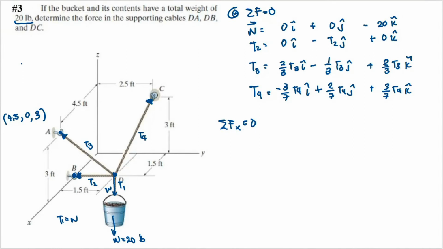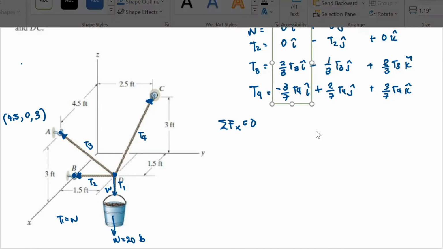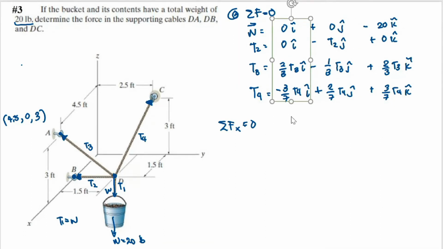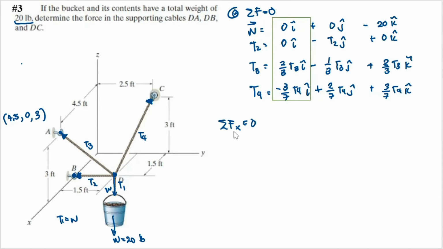Now, para malaman nyo kung anong yung X dyan, lahat ng i na yan ay delta X. Lahat naman ng j, delta Y, lahat ng k, delta Z. So, ang kukunin ko muna is yung delta X. Hindi ko na kailangan ilagay yung 0, 0. So, 2/3 T3 i hat minus 3 over 7 T4 i hat is equal to 0. Okay? So, that is the equation for forces along X.